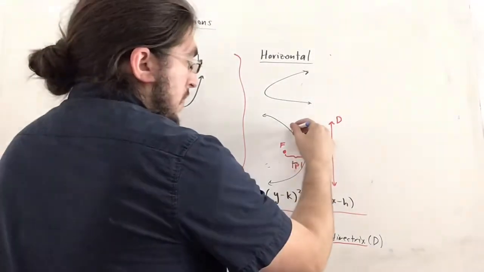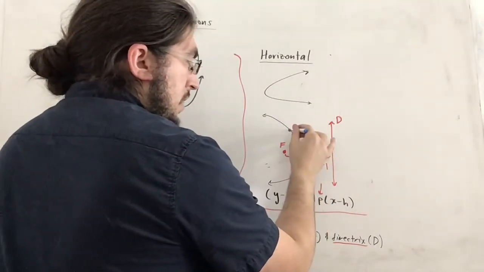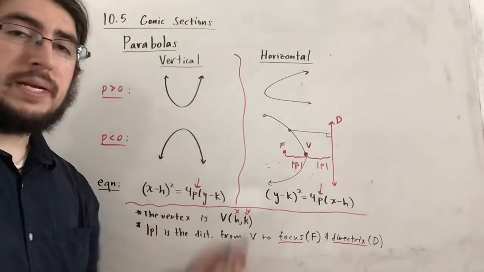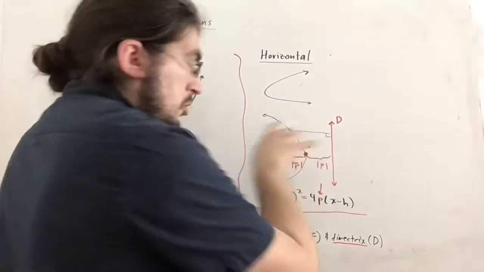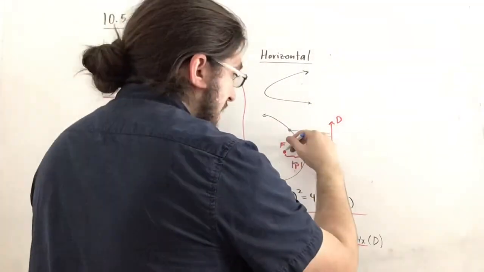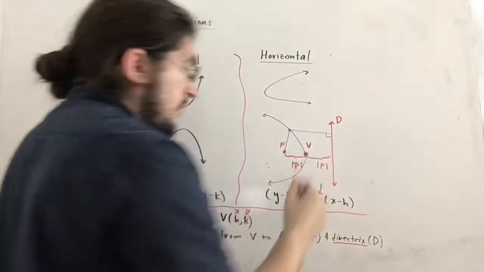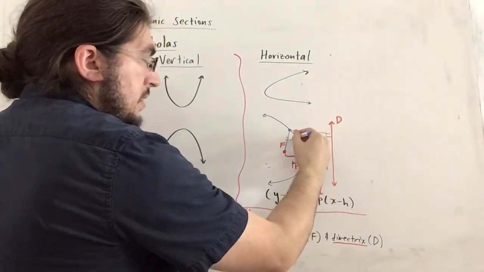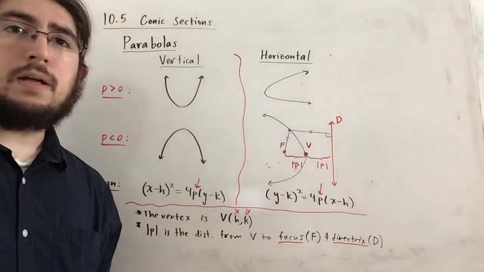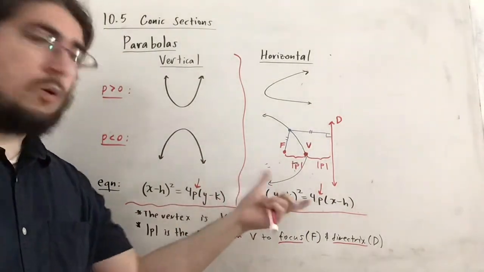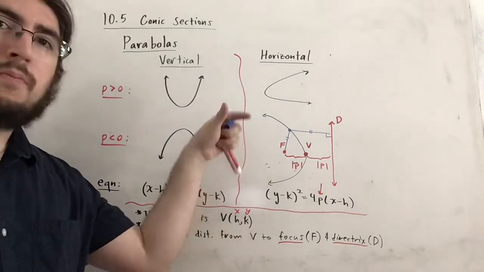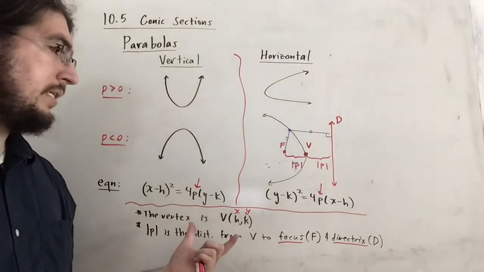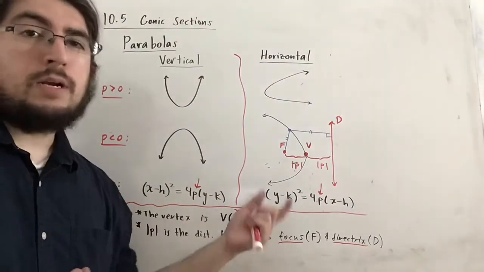And if you pick any point on the parabola and connect it to D to form a perpendicular angle, so the shortest distance to D from that point, and connect that point to the focus, it doesn't quite look like it here because my scaling's a little off, but they should have the same distance. And that's for any point on the parabola. So with that in mind, these equations actually fall out. So this is like the main geometrical feature of parabolas, which I guess brings up the importance of focus and directrix.